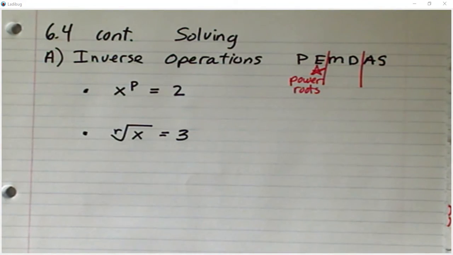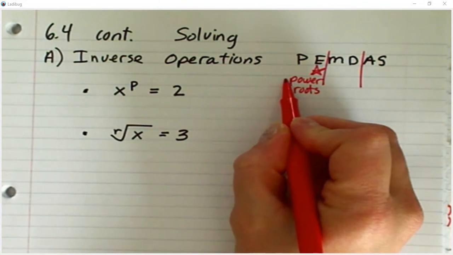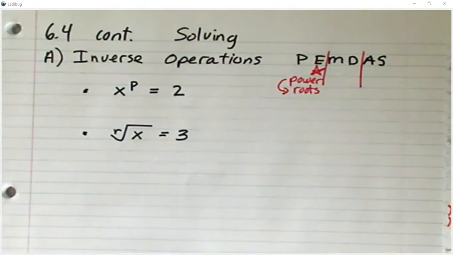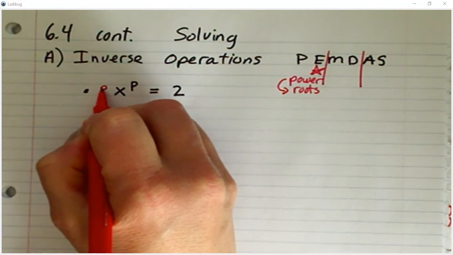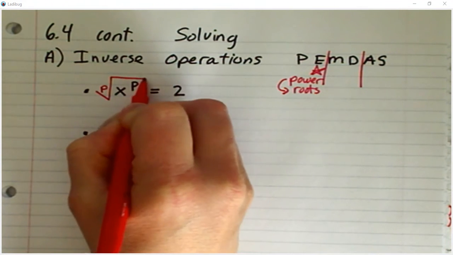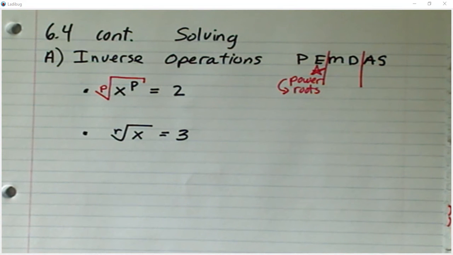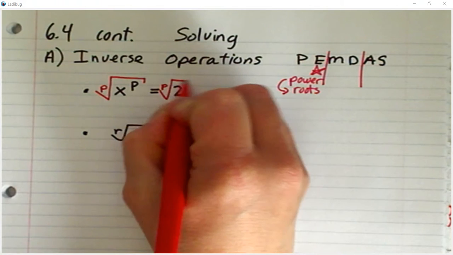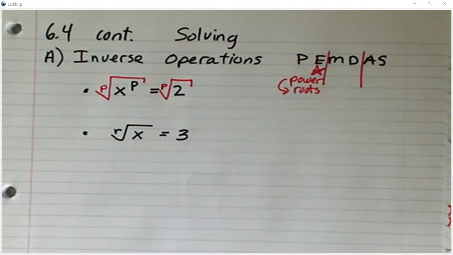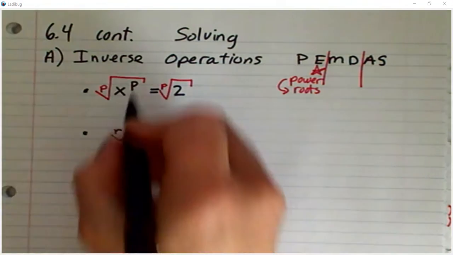Oh, well, if I have a power, I'm going to use a root. Okay, so I'm going to say a root that is matching the power. But we're solving here, property of equality. We have to do the same thing on both sides.